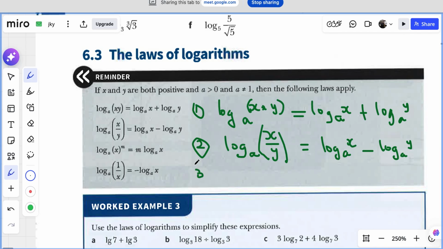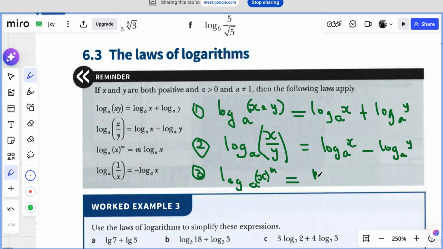Now let's go to the third law. Third law says, just like the power law in indices, when you have log base a of x raised to power m, this m should go to the back.